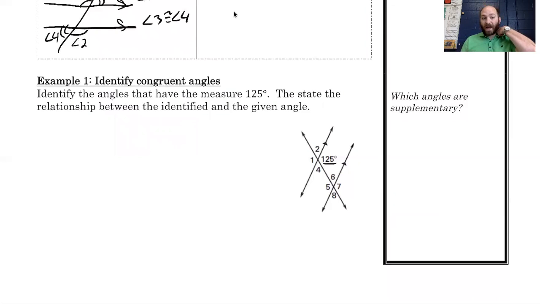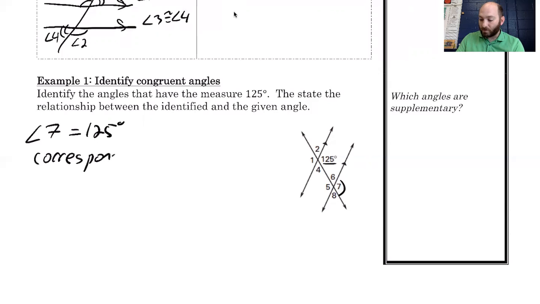And now that you're back, we're going to go ahead and talk about these. We have three of them. Let's start with the brand new ones. We've got angle 7 here. Angle 7 is equal to 125 degrees. The reason is because angle 7 is a corresponding angle.